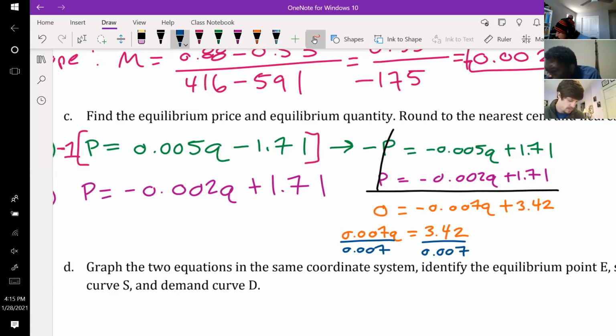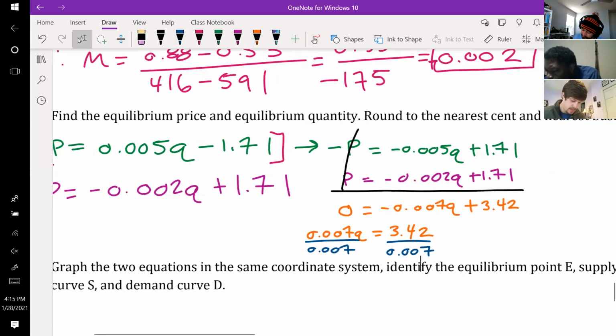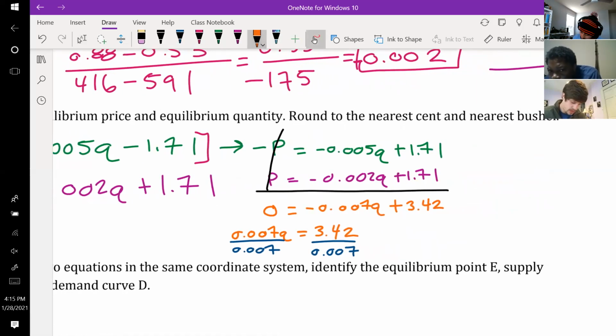And if I do 3.42 divided by 0.007 to 2 decimal places, I get that Q is equal to 488.57. And does this want us to round? It says round to the nearest cent and nearest bushel. So 488.57. 489. 489. Good.